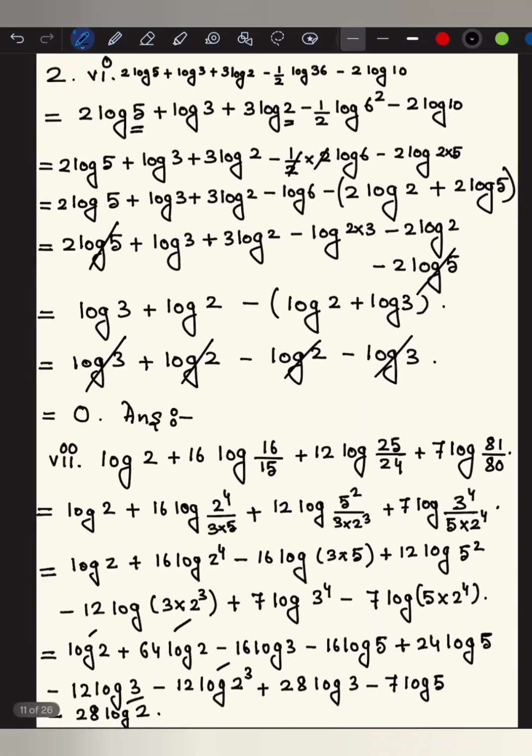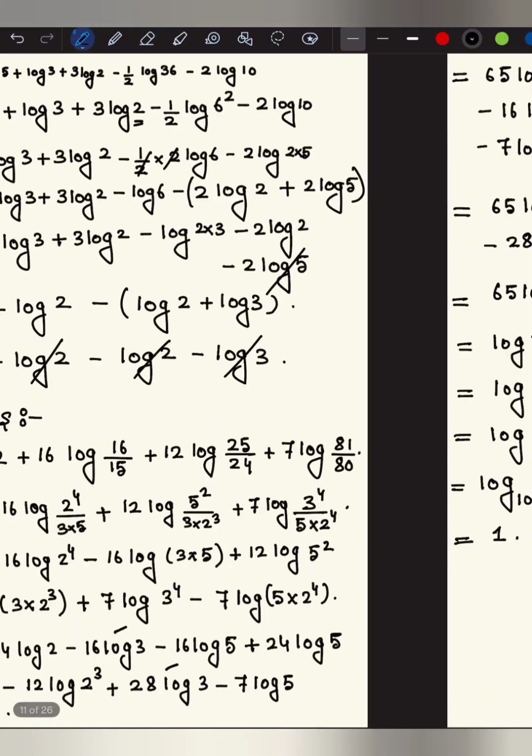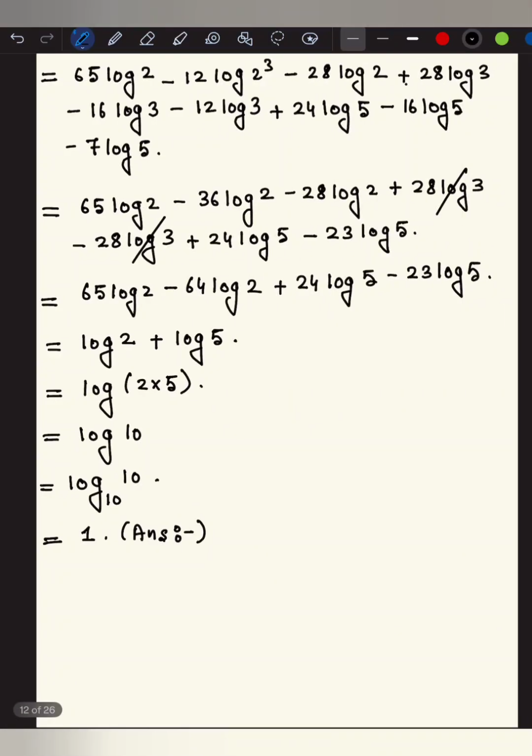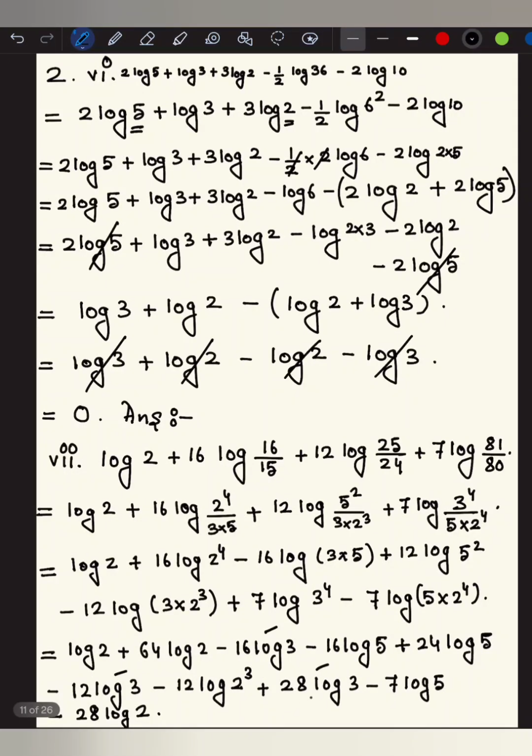Again, I have taken all the log 3 related terms. So here it is minus 16 log 3 plus 28 log 3 minus 12 log 3. Any other log 3 related terms? No. So I have written it as plus 28 log 3 minus 16 log 3 minus 12 log 3. Understood? This plus 28 log 3, because here it was minus, so I have taken the positive term first.